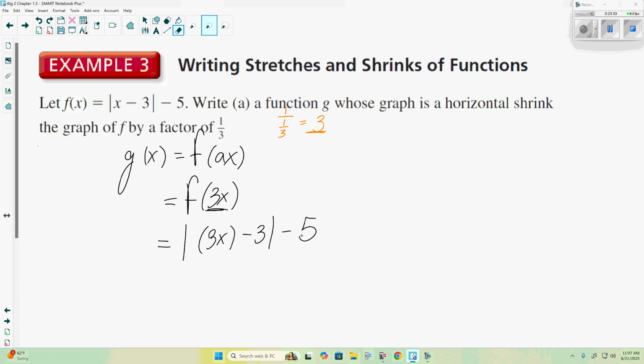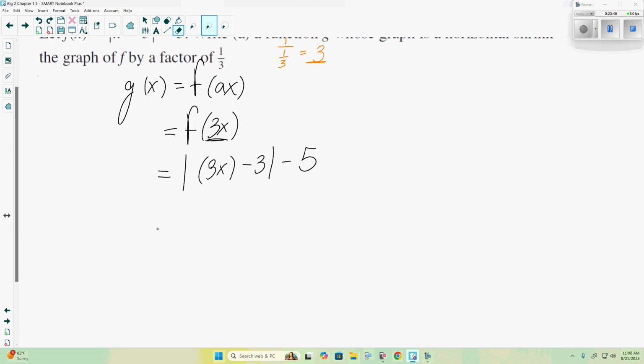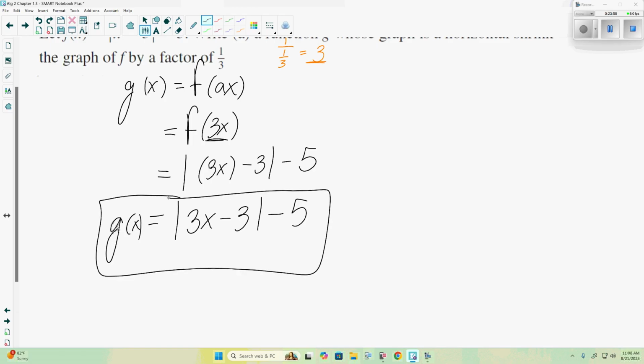Which is very similar at this step to how we did our horizontal translation left and right. The only thing we could do at this point is drop the parentheses. Because there's nothing in front of the parentheses around the 3x, we don't have to distribute anything through. This is as simplified as it gets.